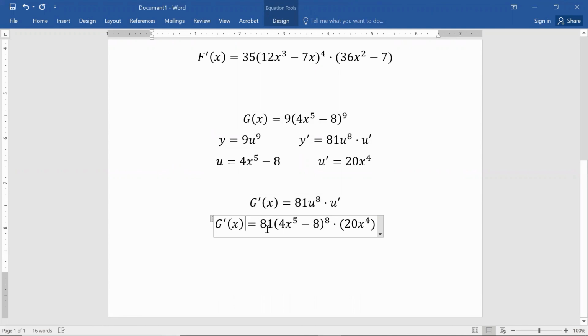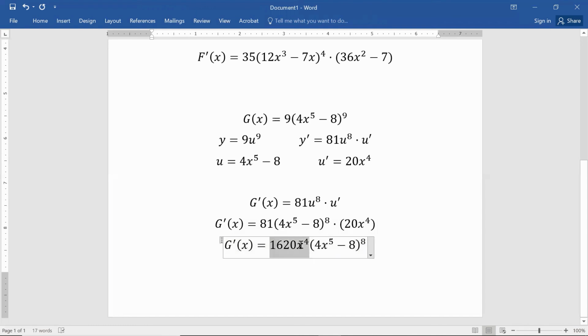And once again, if you want to rewrite this, a lot of people will say, well, since 81 is a single term, and since 20x to the 4th is a single term, you could technically rewrite that g prime of x as, we'll take 81 times 20. 81 times 20 is 1620x to the 4th multiplied times 4x to the 5th minus 8, all to the 8th power.